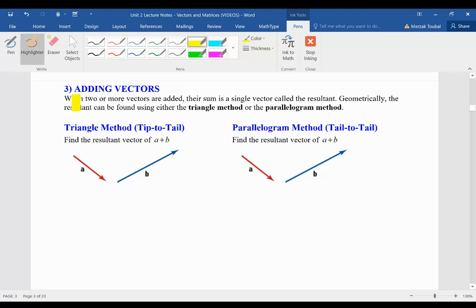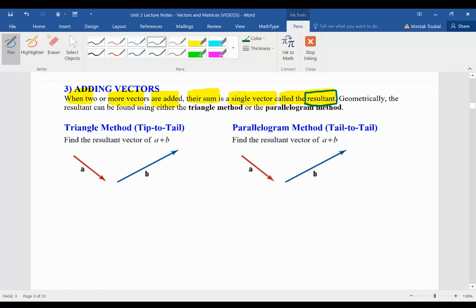So let's start. When two or more vectors are added, their sum is a single vector called the resultant. So it means we have two vectors initially, we add these two vectors, we end up with one vector. What do we call this vector? Resultant vector.